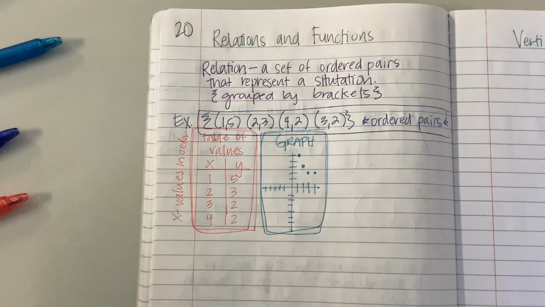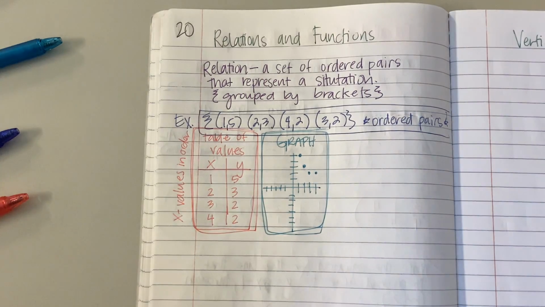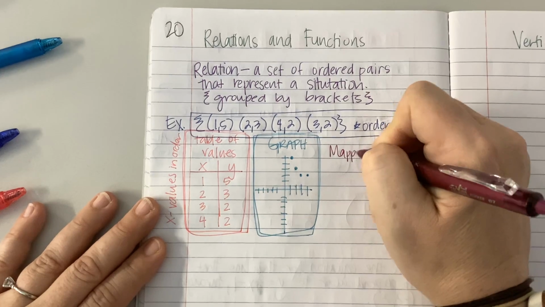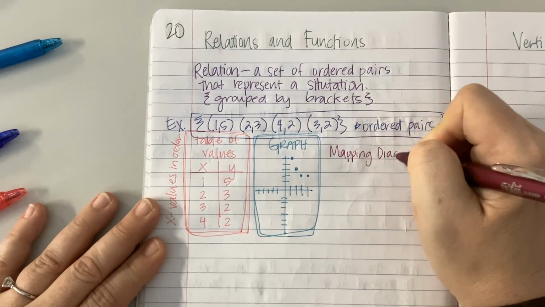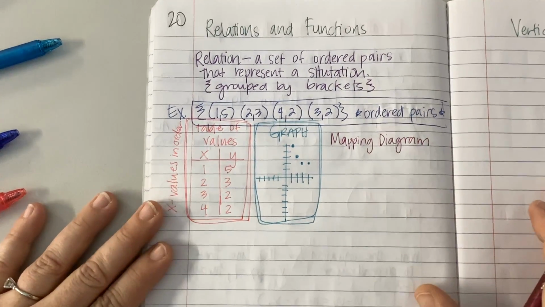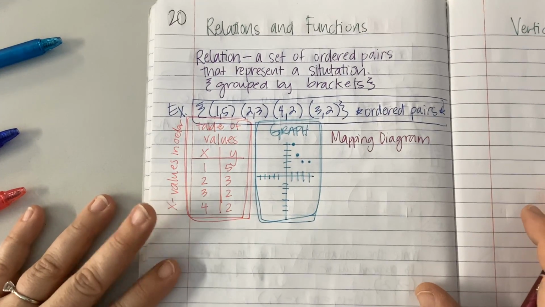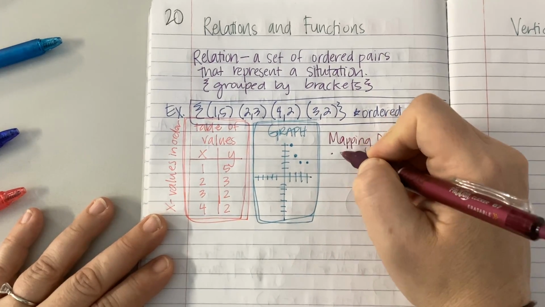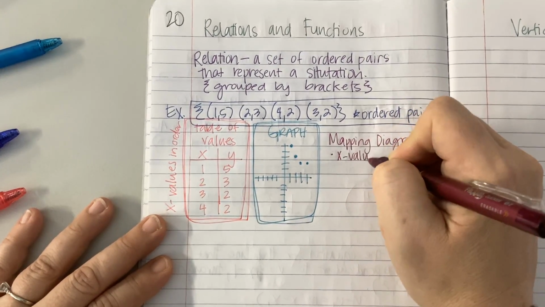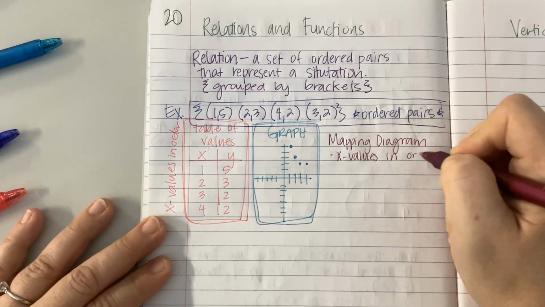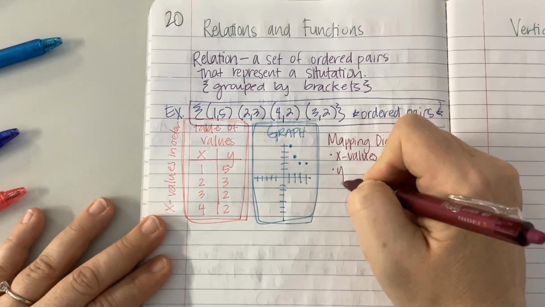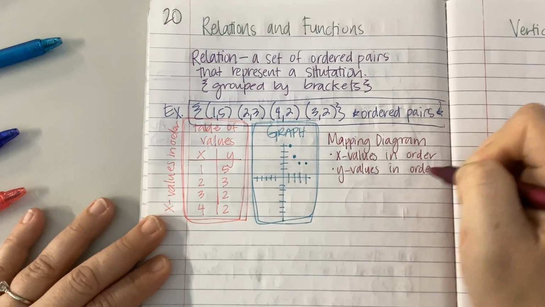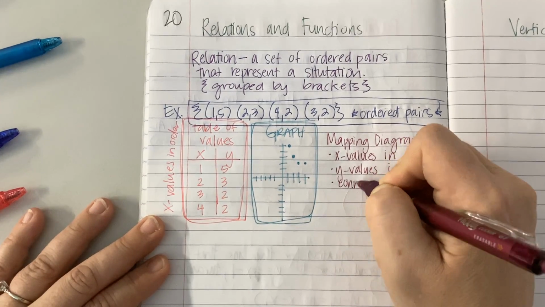And then the last one you may be familiar with from IM7 is a mapping diagram. A mapping diagram is where I take my X values in order, my Y values in order, and I connect with lines.